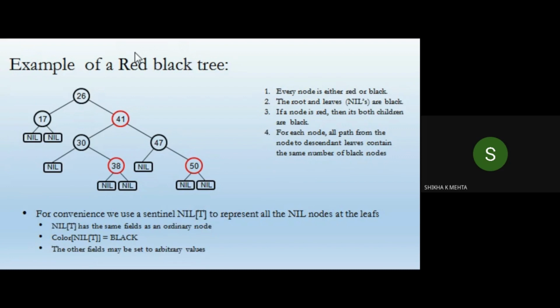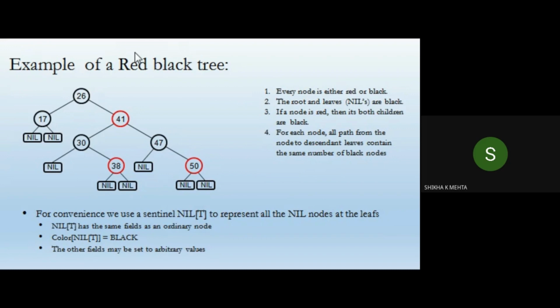The structure of nil is the same as the normal nodes, but the only thing is that they are not storing any value, they are storing nil. But because we are taking the structure of the nil node the same as the other nodes, you may be storing some other data along with that.